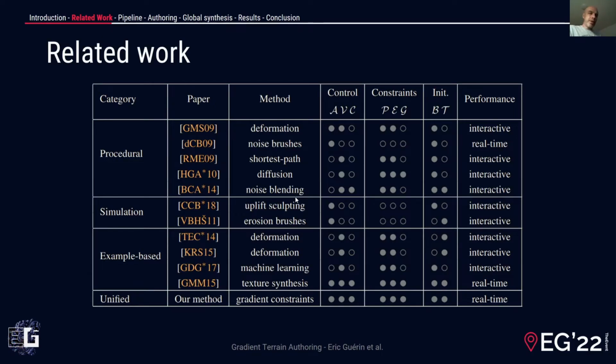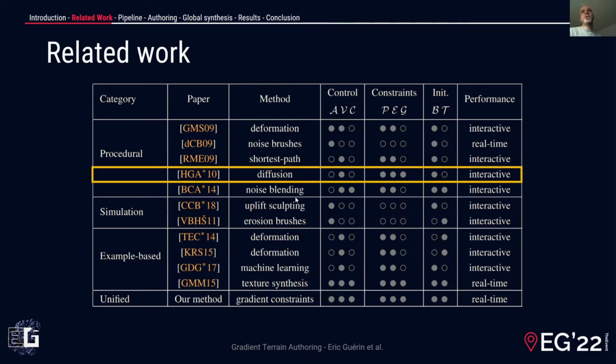Although a vast variety of terrain generation exists, only a few address interactive authoring. Our work allows for real-time interaction with intuitive control and can be compared to the work of EG2010 and Gain⁴.